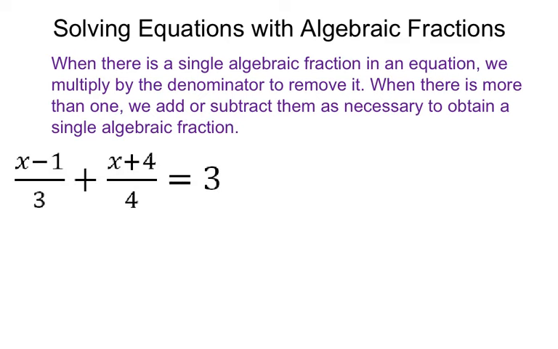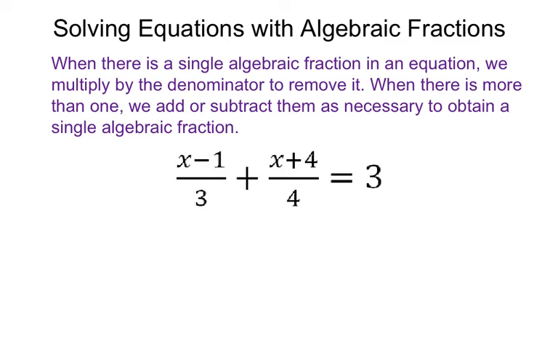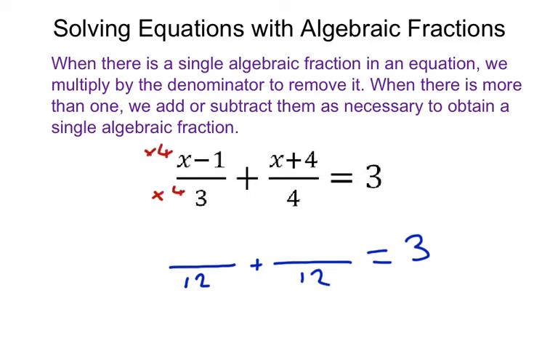Now in this example we have two algebraic fractions, so we're going to have to combine them first. So the first thing we're going to do is combine these by adding them together, and for that we need a common denominator, which for 3 and 4 is going to be 12. So we fill in our common denominator and it's still going to be equal to 3. For this first one we had to multiply by 4, so we have to multiply the top by 4.